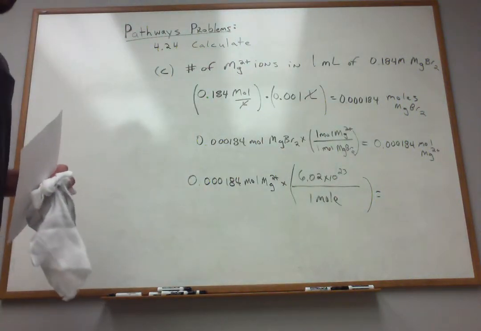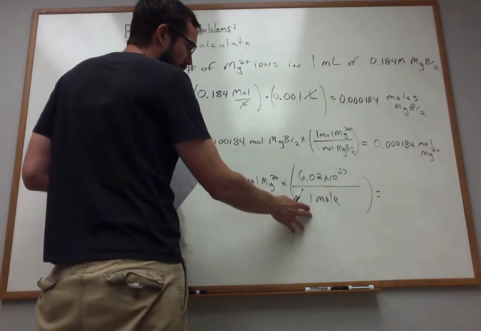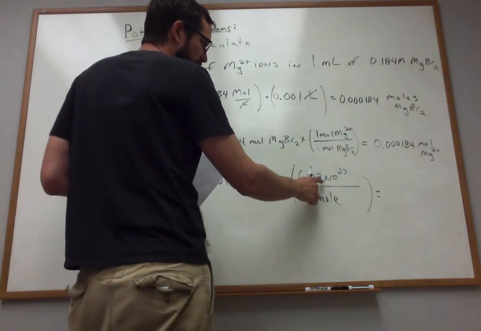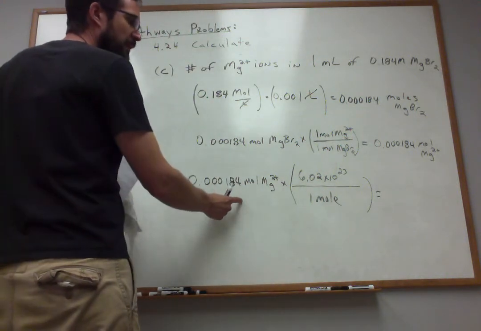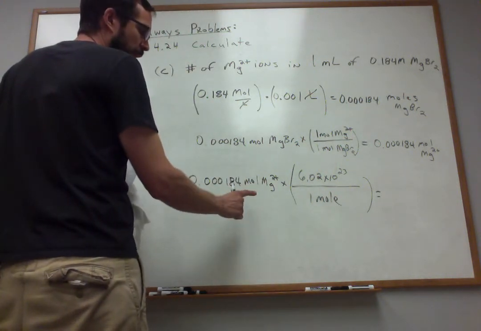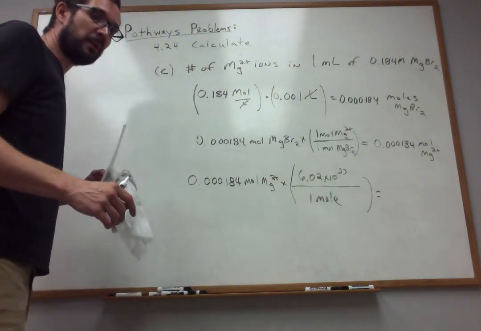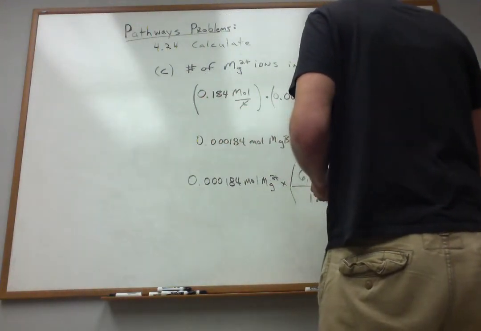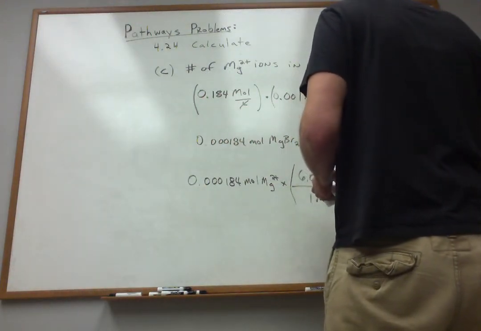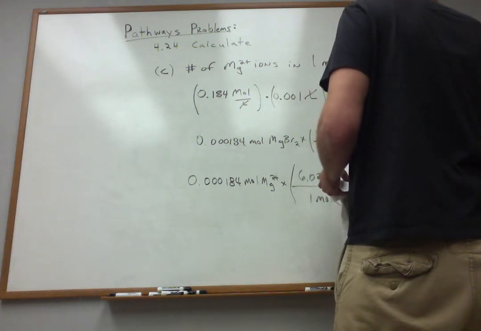It's the Avogadro number relationship. We know that 1 mole of anything corresponds to 6.023 times 10 to the 23rd of that ion. So if I take the number of moles of ions present in the 1 milliliter and multiply it by this number, because that corresponds to a mole, I can convert to number count. And if I do that, I get 1.108 times 10 to the 20.